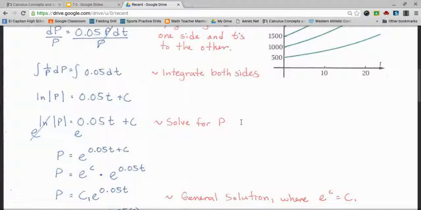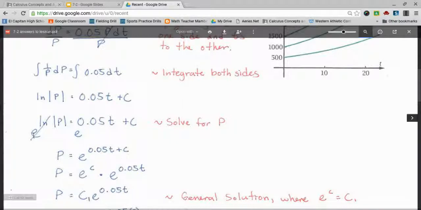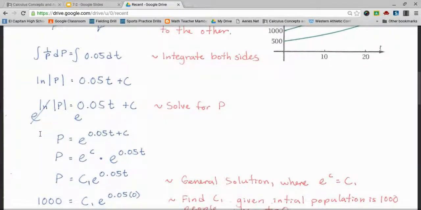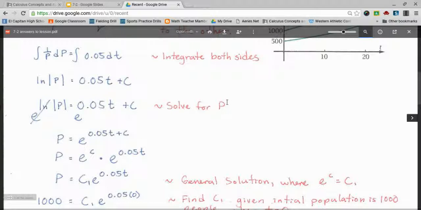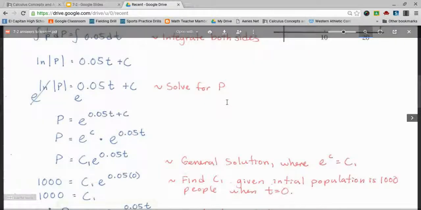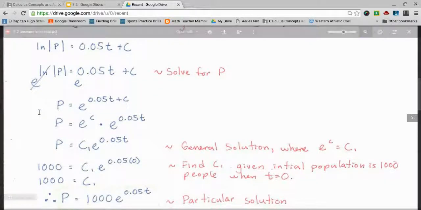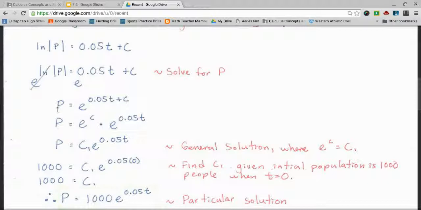Well, we know that if we exponentiate it or apply e to both sides, I essentially cancel out my e and ln, because now I'm trying to solve for P. So once I do that and my e and ln go away, I'm left with P, or population, equals e to the 0.05t plus C.